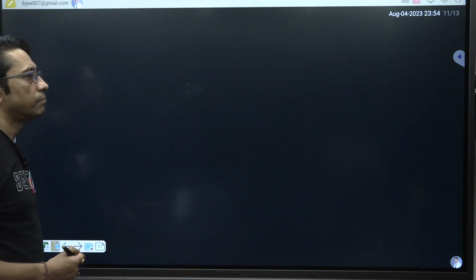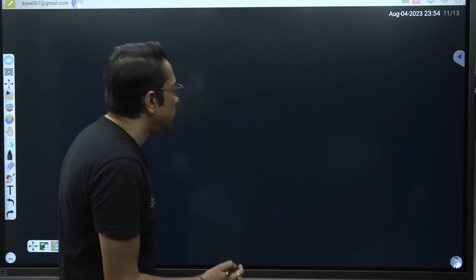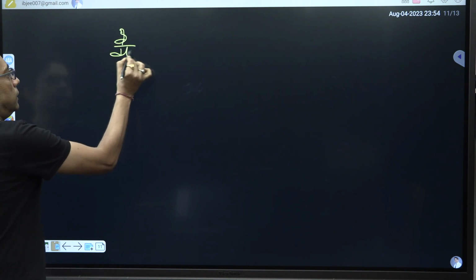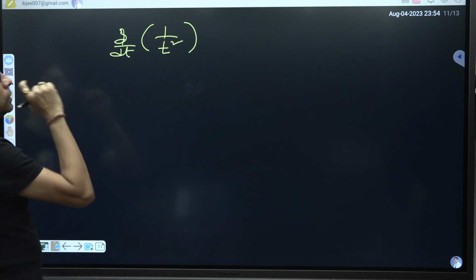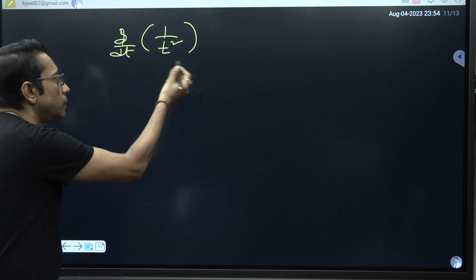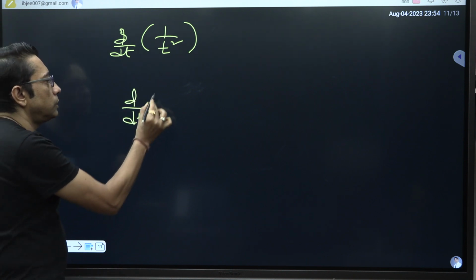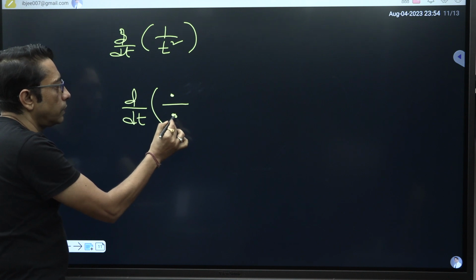d by dt of 1 by t square, why are we not doing it directly? Do we know the direct formula of something by something? We don't know any formula with something in the numerator and something in the denominator.